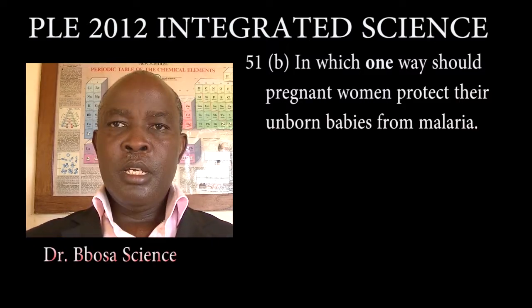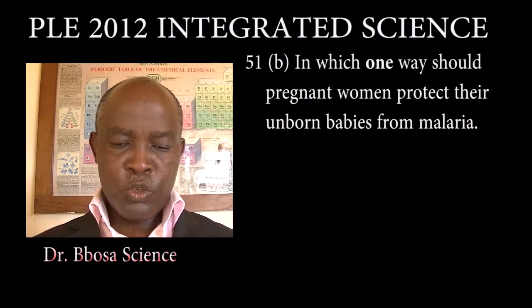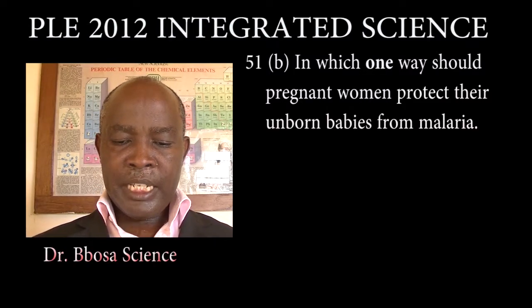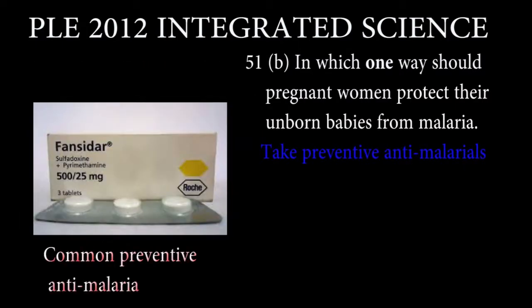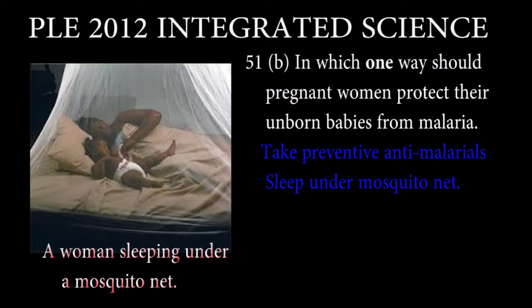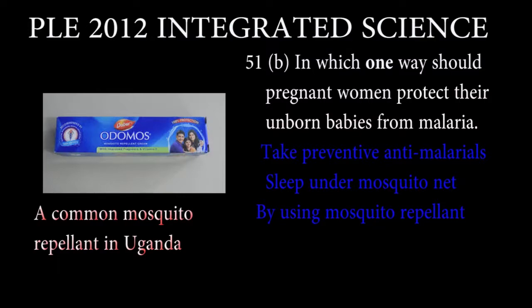B. In which one way should pregnant women protect their unborn babies from malaria? By taking preventive drugs, by sleeping under mosquito net, by using mosquito repellents such as Odomos.